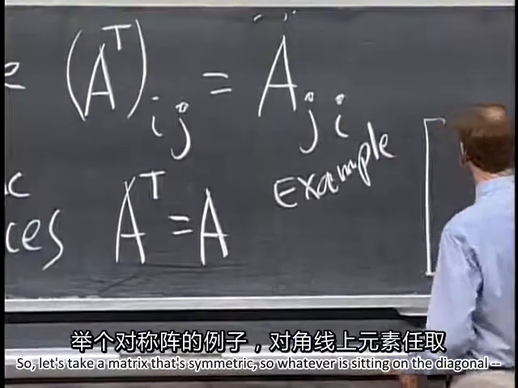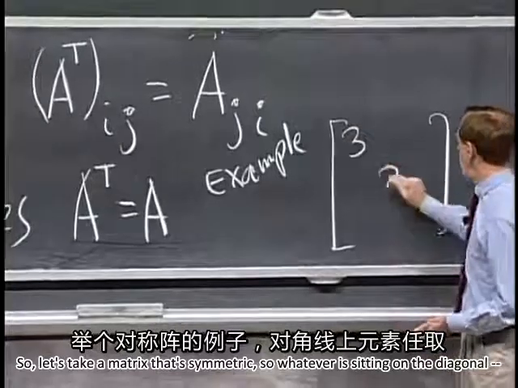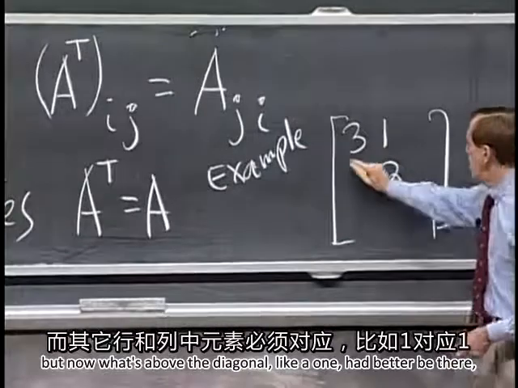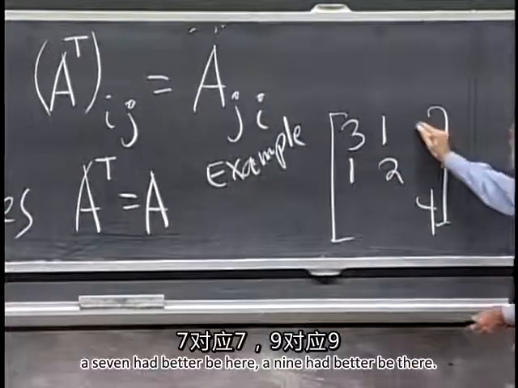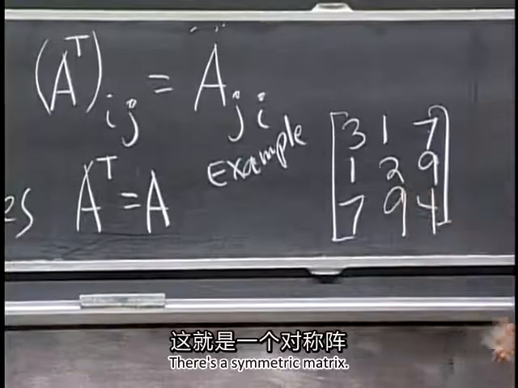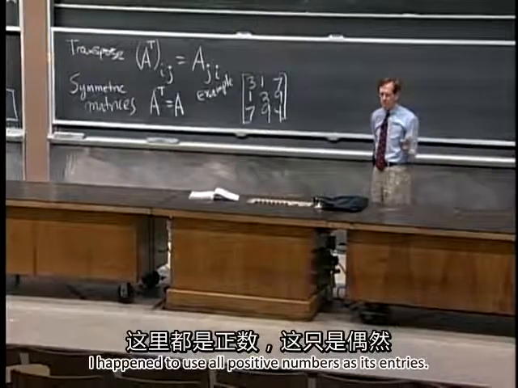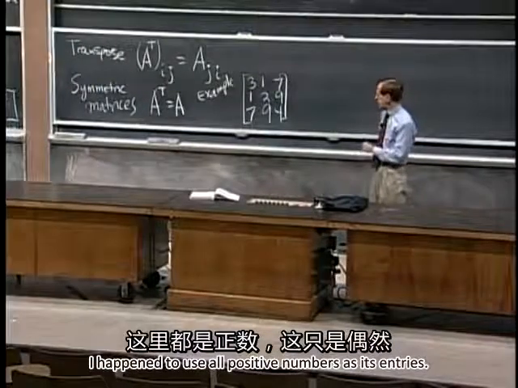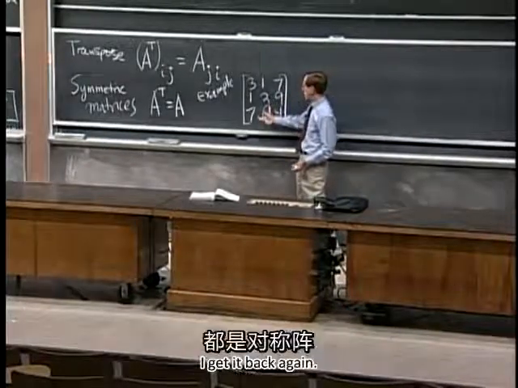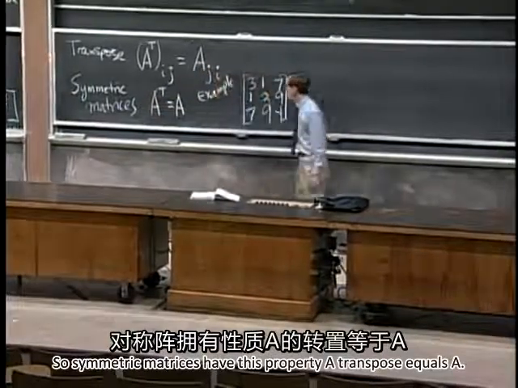So let's take a matrix that's symmetric, so whatever is sitting on the diagonal, but now what's above the diagonal, like a 1 had better be there, a 7 had better be here, a 9 had better be there. There's a symmetric matrix. I happen to use all positive numbers as its entries. That's not the point. The point is that if I transpose that matrix, I get it back again. So symmetric matrices have this property, A transpose equals A.